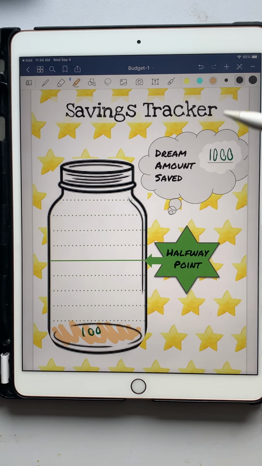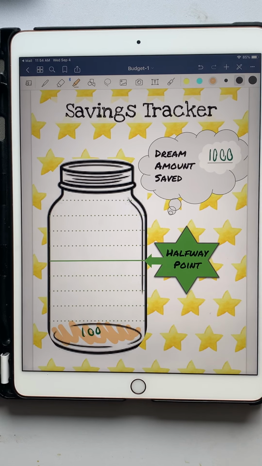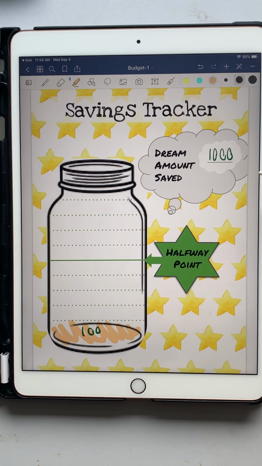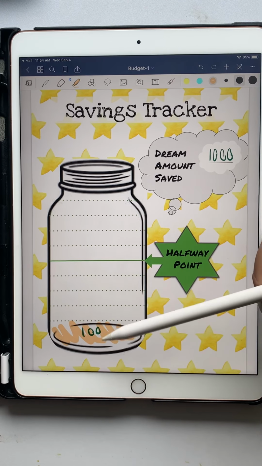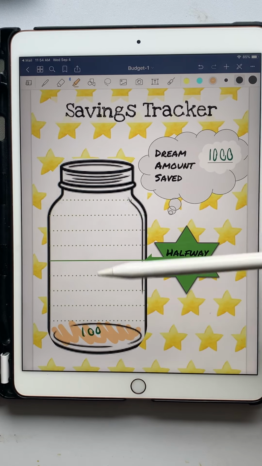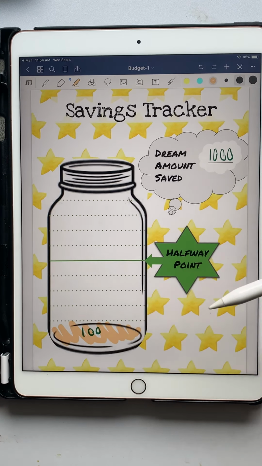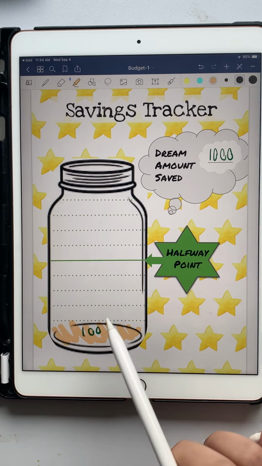You could also use this if you have an odd amount up here. If your new car is $3,654, some odd amount like that, you could just use these as general views. They don't each have to be worth a certain amount.